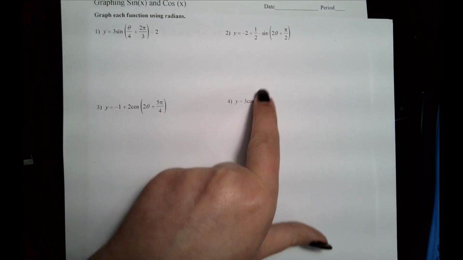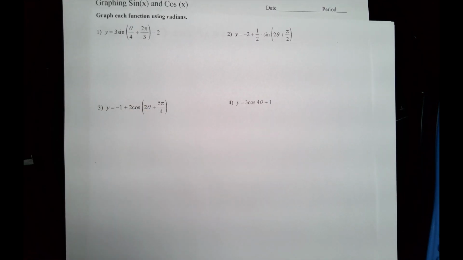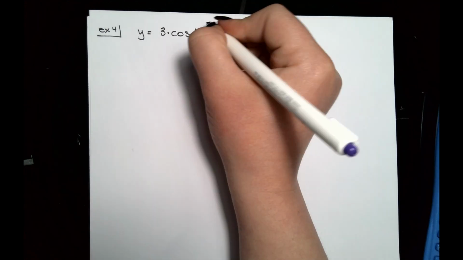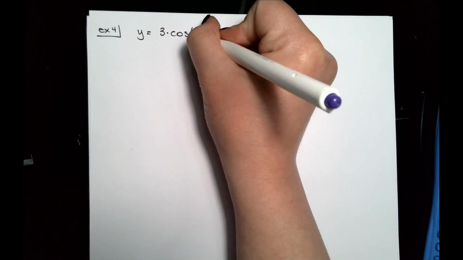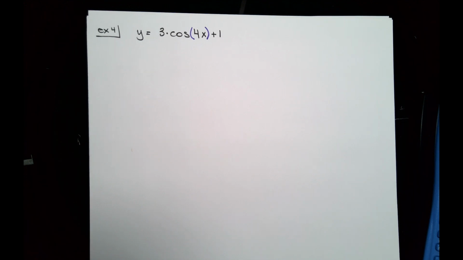There's no parentheses here. You'll notice parentheses, parentheses, parentheses, no parentheses. There actually are parentheses. You just don't see them. The parentheses are around the x value, which has a b value. So what you end up not having is a phase shift, a horizontal shift.